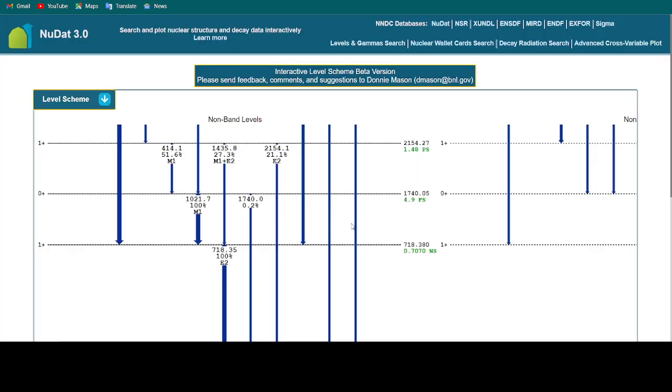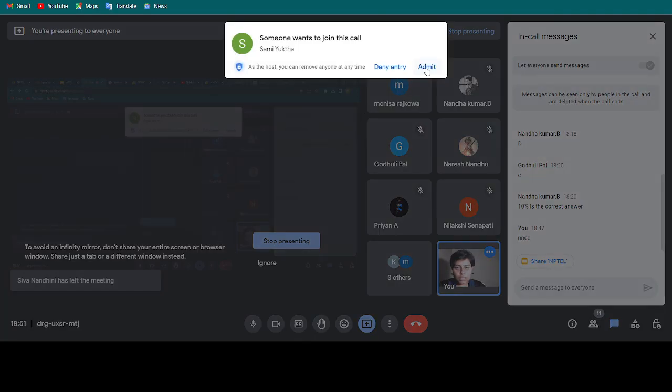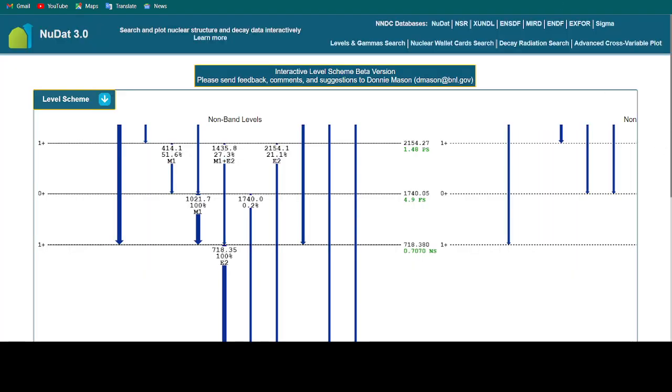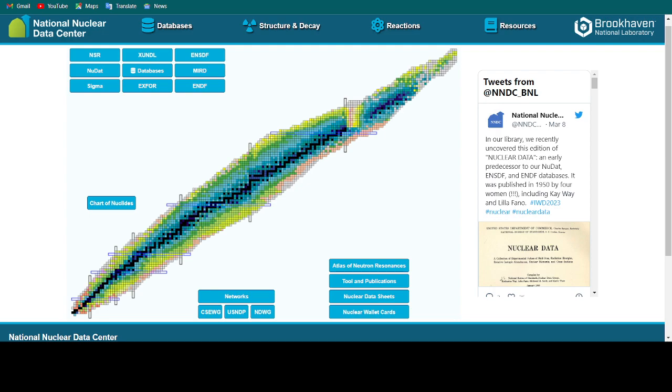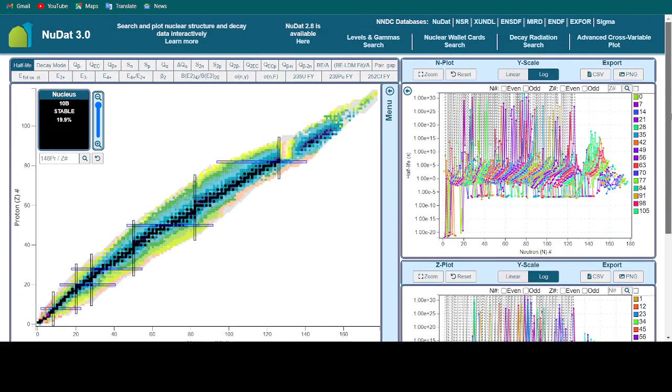This is the level scheme, that is known from which state to which state it is jumping and producing what amount of energy, what is the probability, everything can be seen over here. Okay, so this is a very nice tool for the nuclear physicist as well as the nuclear astrophysicist to get to know about any nucleus.